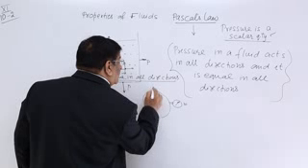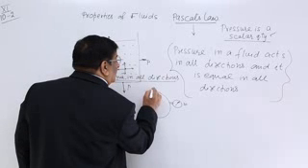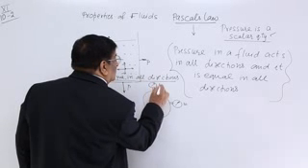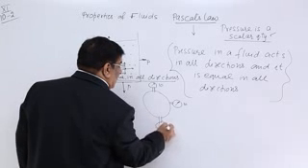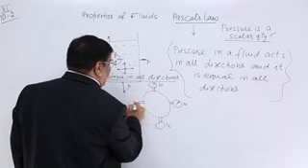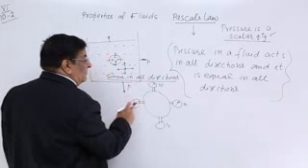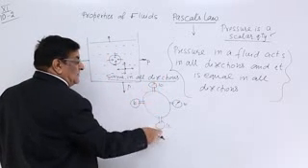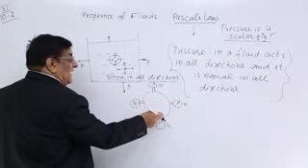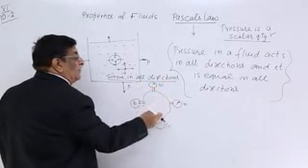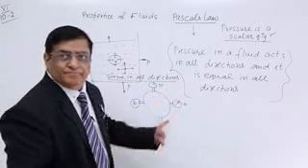If I puncture it here and put a gauge here, this will also show me 10. This will also show me 10, and this will also show me 10. It is a very simple example that every direction has got the same amount of pressure. At every point the amount of pressure is the same.